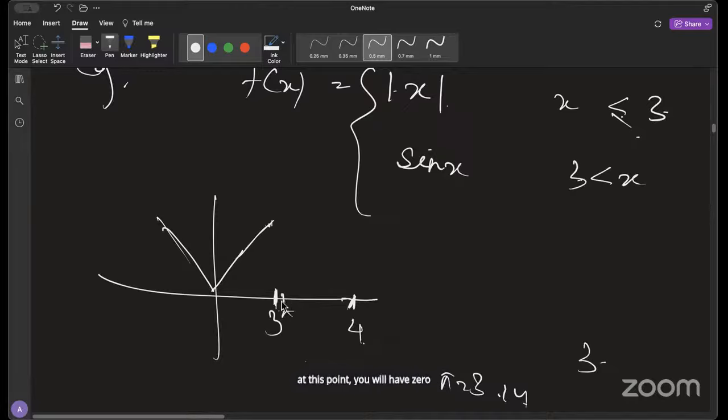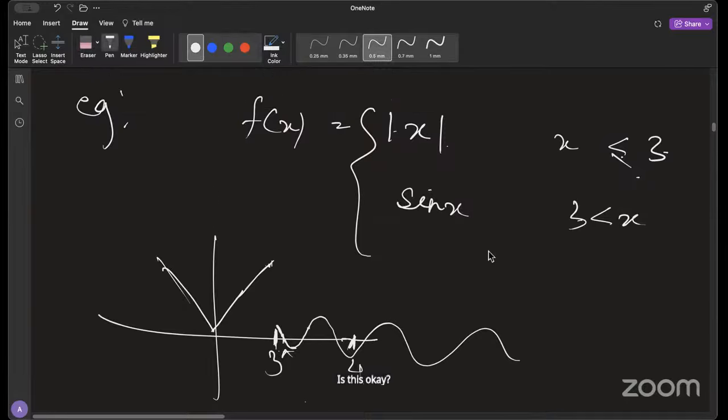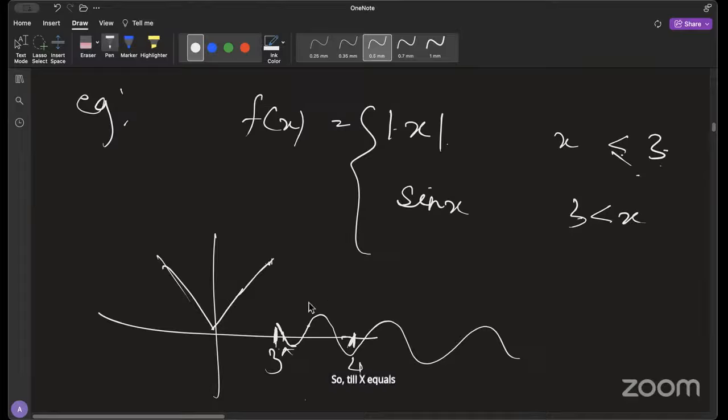So it's something like this. Is this okay? So till x equals 3, till this point, you have mod x, and then you have sin x.